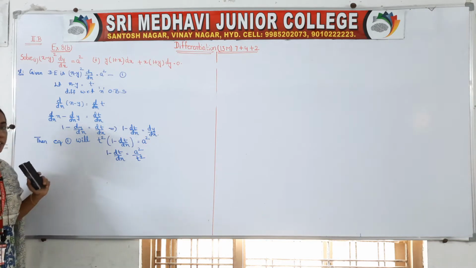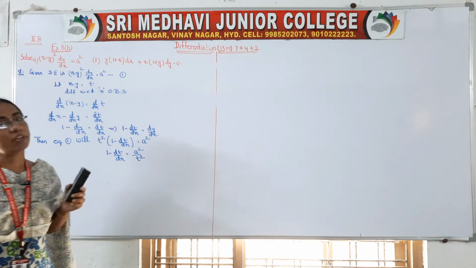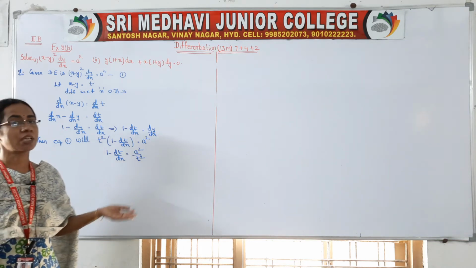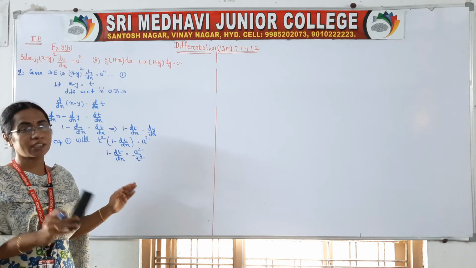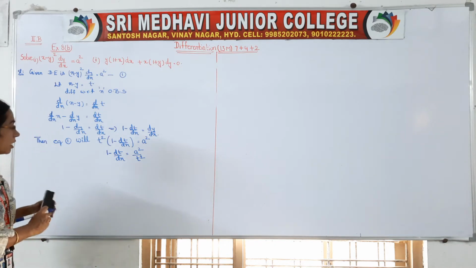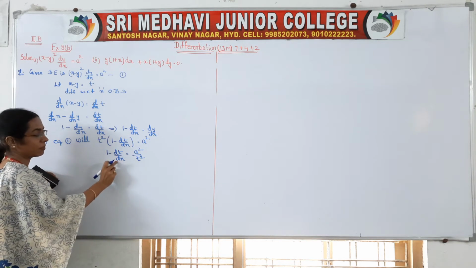What I said in the problem is, if we take t, then your variables will be t variables and x variables. You have to write t terms together with dt and x terms with dx. Now this is a minus sign dt by dx.